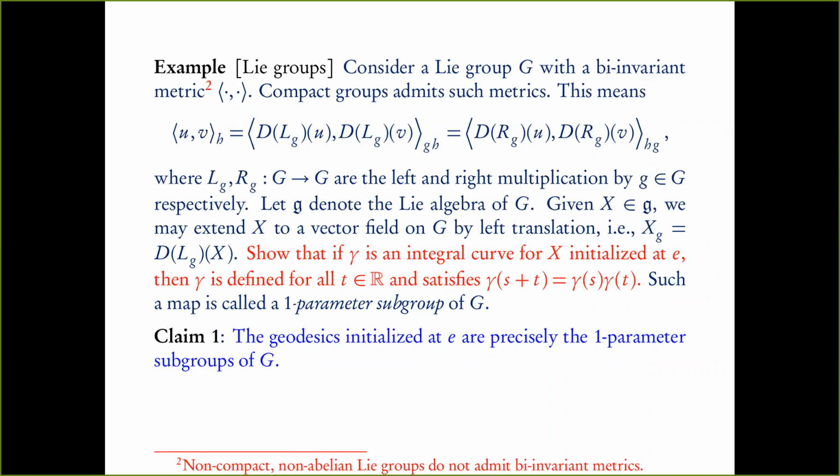When I want to calculate nabla gamma dot gamma dot, this is equivalent to calculating nabla X X along the curve gamma. And if I can show nabla X X is 0 for a left invariant vector field X, I'm done. Correct? And by uniqueness, this is going to be precisely the geodesic. So I'll just prove it one way, that nabla X X is 0, where X is a left invariant vector field. That's the setup. Are there any questions or comments?